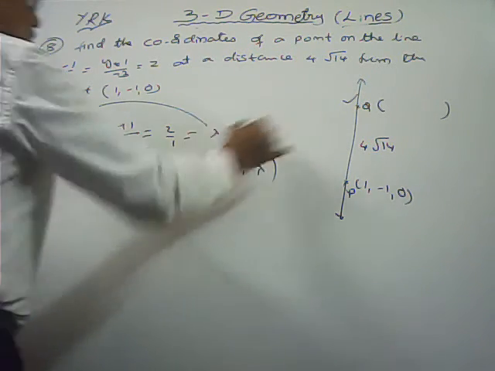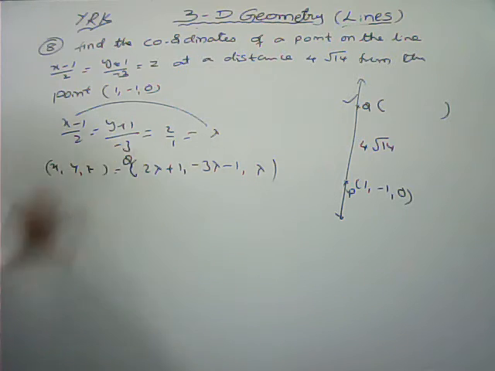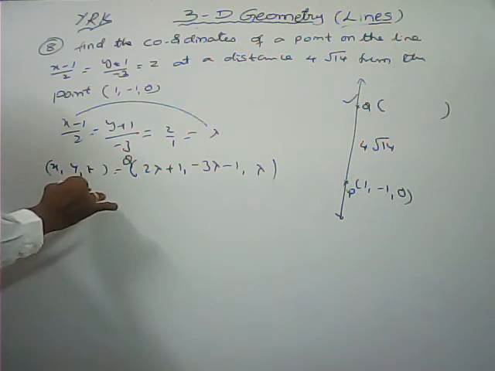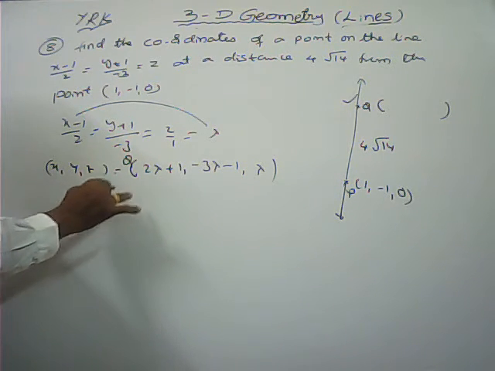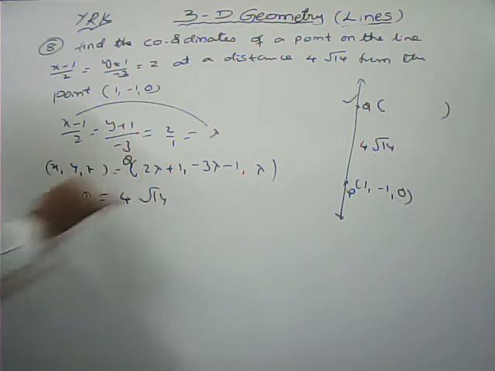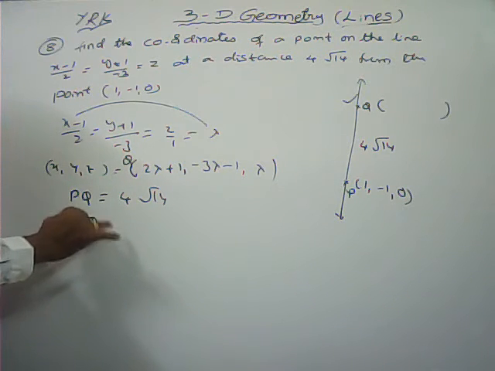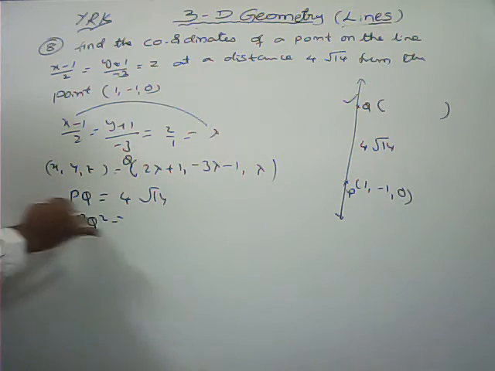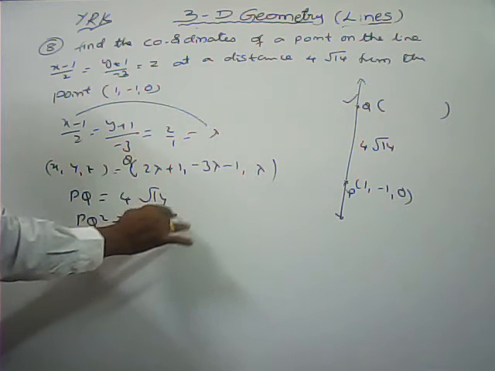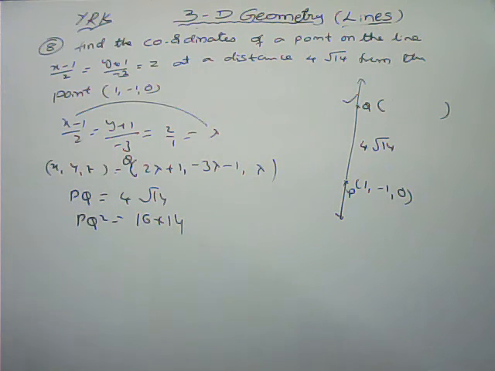These are the coordinates of Q. Then the distance between these two is 4 root 14. So PQ square is equal to 16 into 14.